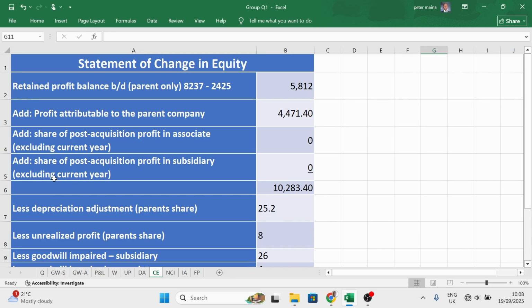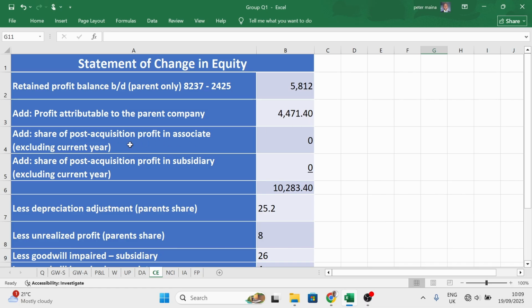We are excluding the current year because the current year's share of the parent has already been included in the profit attributable to the parent for the current year, 4471.4. Because the subsidiary was acquired in the current year, we don't have any post-acquisition profit except the one that is already included in this figure of 4471.4.